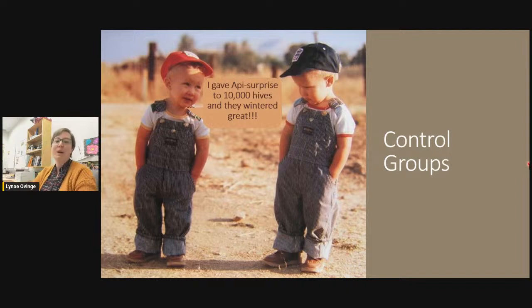They all seem to start with APA. But I don't want to shame anyone or call anyone out. And I would imagine every commercial beekeeper watching this at one point in his life has given the same thing to every single one of his hives without leaving a control group to see what the effect of it was.